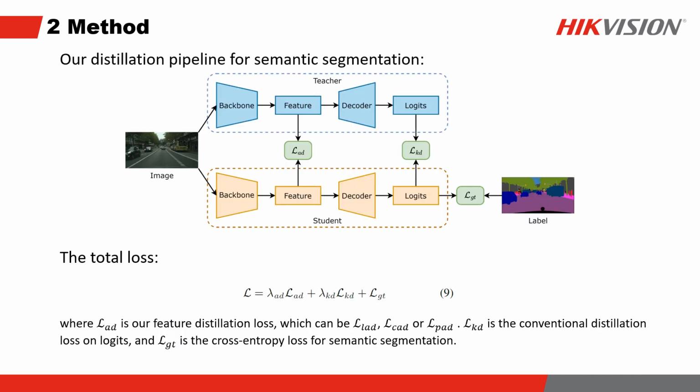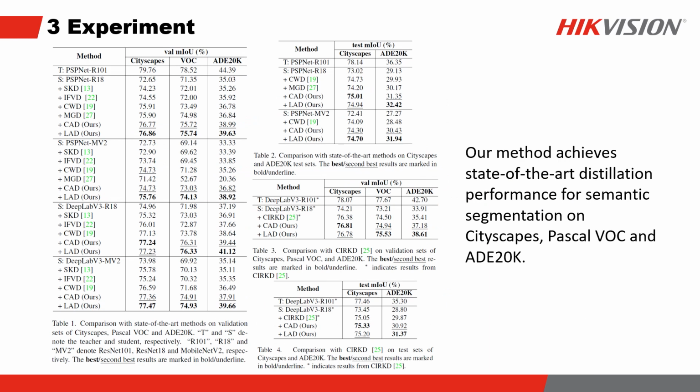Here is our distillation pipeline for semantic segmentation. We compute our angular distillation loss on backbone features and apply the conventional distillation loss on logits following previous approaches. We compare our method with recent KD approaches for semantic segmentation on Cityscapes, Pascal VOC, and ADE20K.